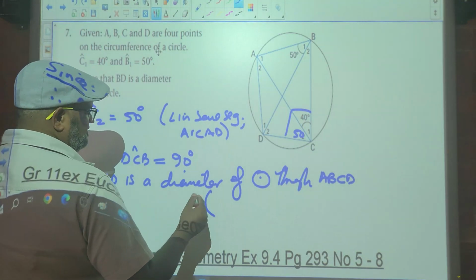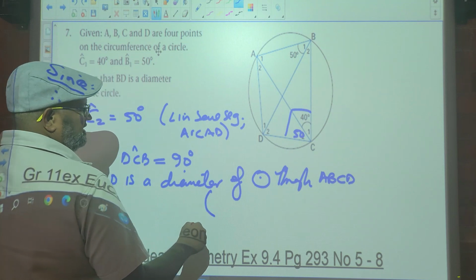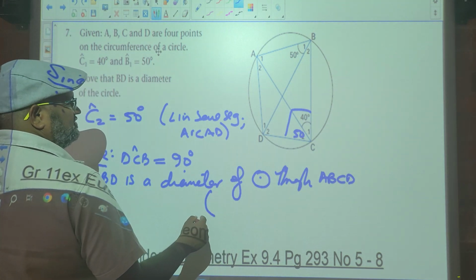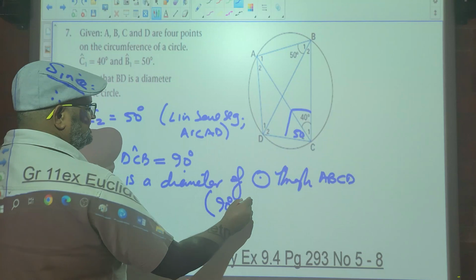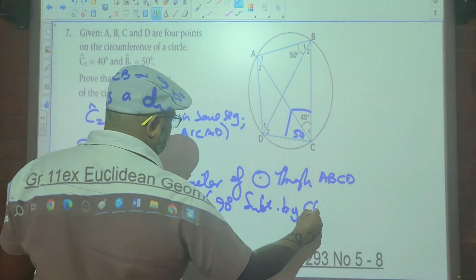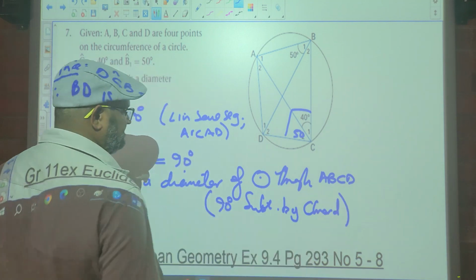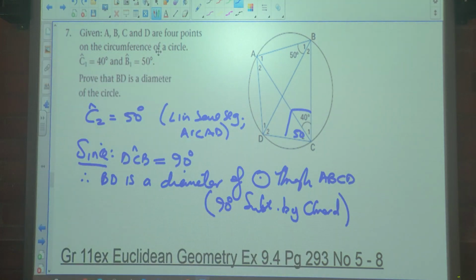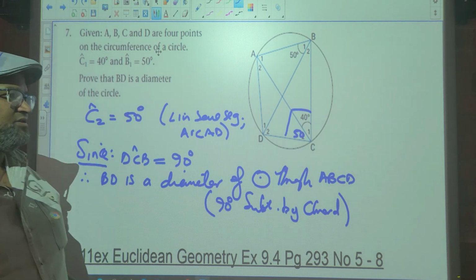To get full marks, the proper reason here is going to be 90 degrees subtended by 4. Okay, you can either write converse, which is the reverse of angles in a semicircle, or in this case we're going to write 90 degrees subtended by 4.